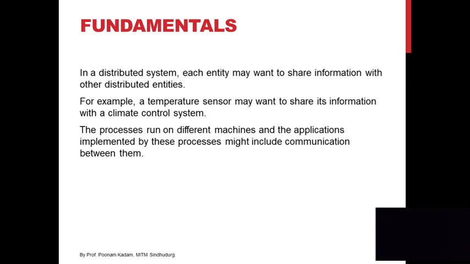So this is the information transfer. Basically, if a collective number of units are there in any system which is collectively representing a single system, the communication, or we can say the sharing of information, is required between the different units of the system.